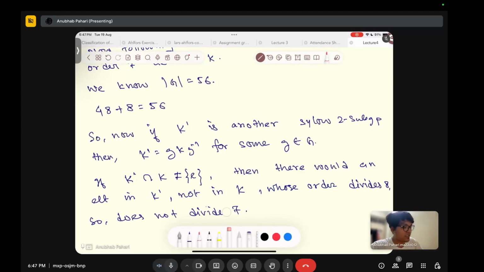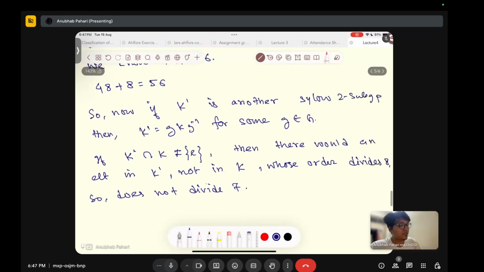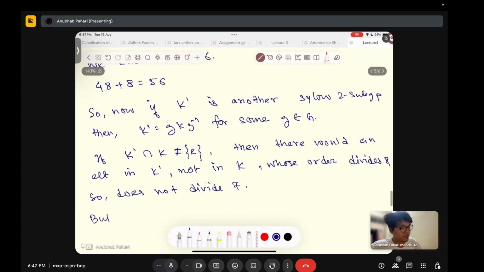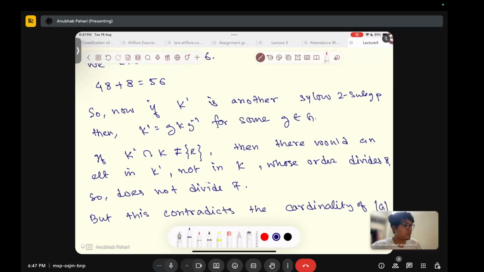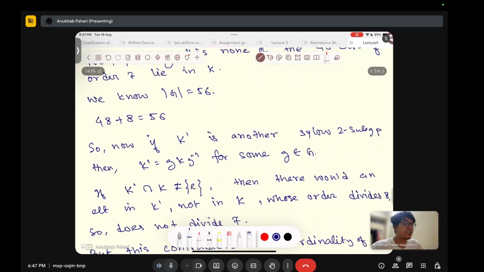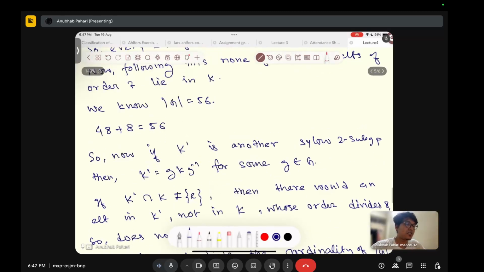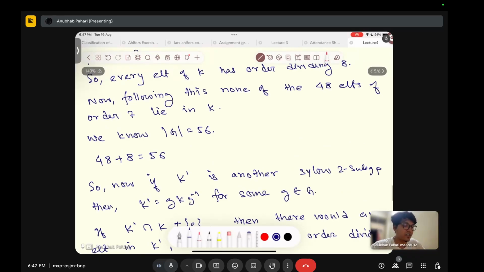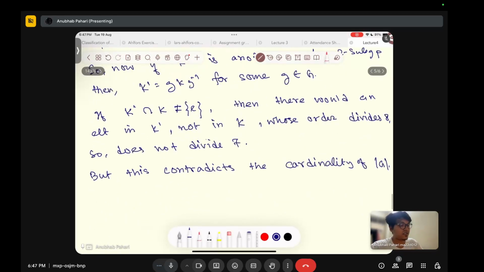But this contradicts the cardinality of G, because already we have covered 56 elements, but if there is another element, this would exceed the cardinality of G.